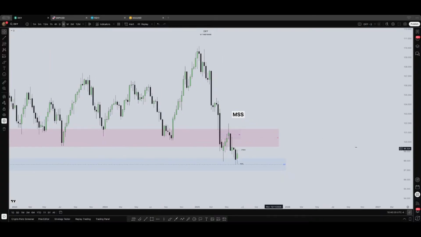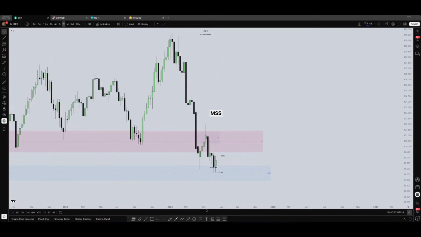Okay. So also we will have a nice breaker. It depends how the price makes the structure. But if price closes above this candle, this will be the breaker. So like this, low, high, lower low, and breaks. So price will come back to this area, which is the breaker area. So in this area we expect price to take long positions.